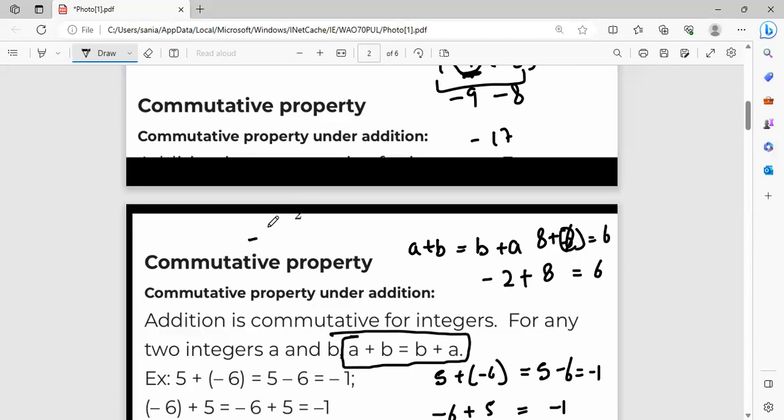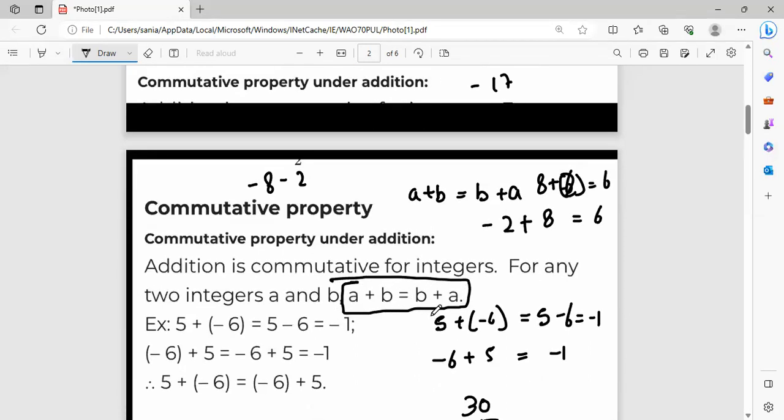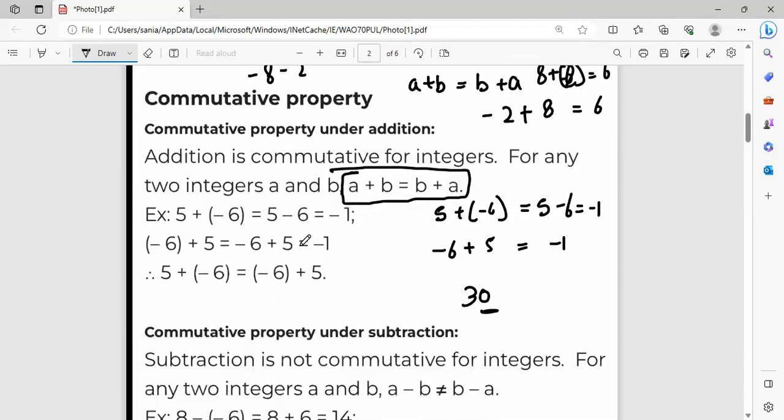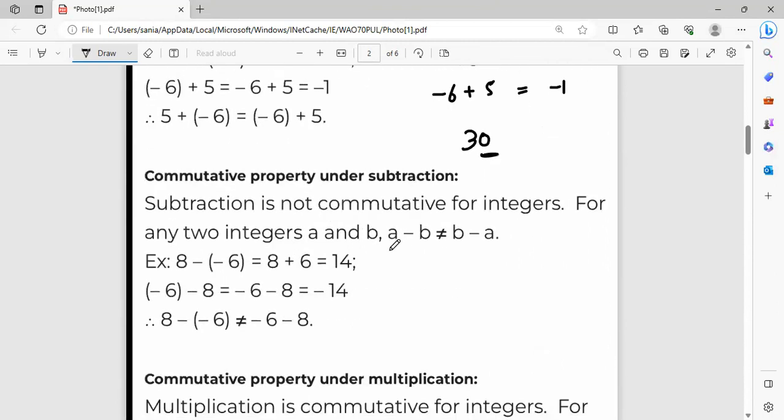But in case it is like this, minus 8 minus 2. Like that. So you have to find something which is equal to A plus B or B plus A. They both should be the same. Clear? In subtraction also it should be the same. Remember one thing. For example, 8 minus minus 6. And here if you write like this.